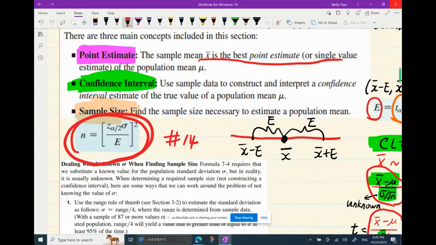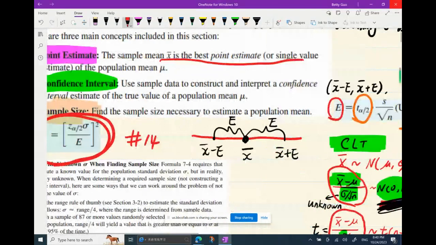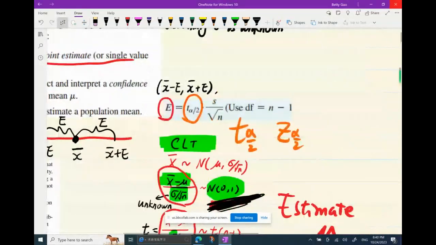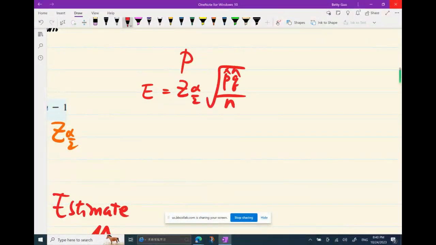I want to ask a question to see if you can answer me. In section 7.1, when we estimate the population proportion, the formula for margin of error is this, right?